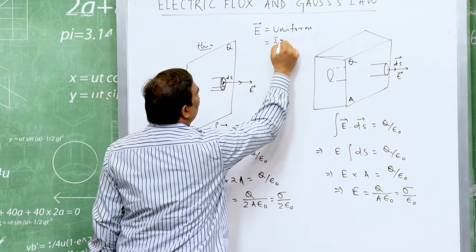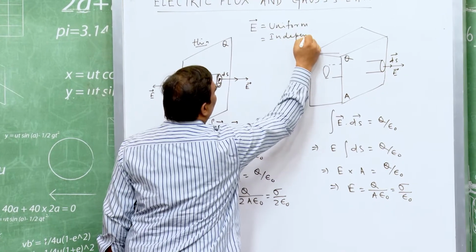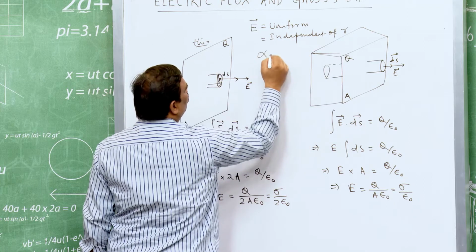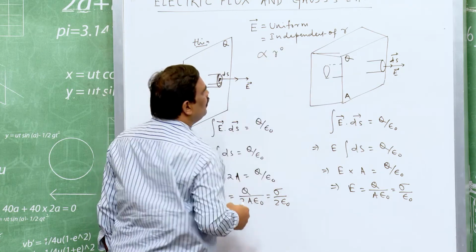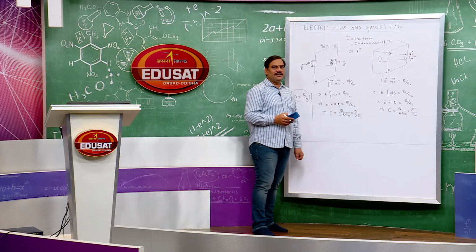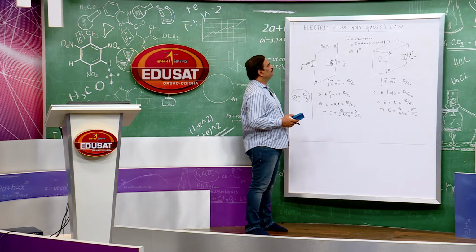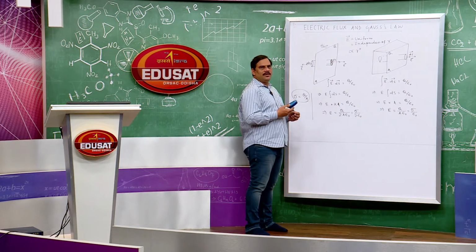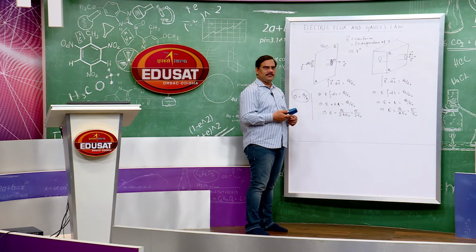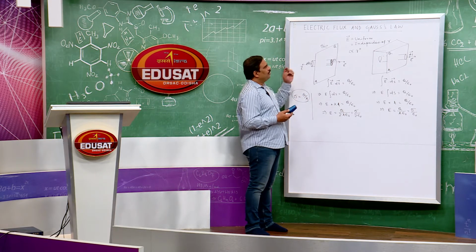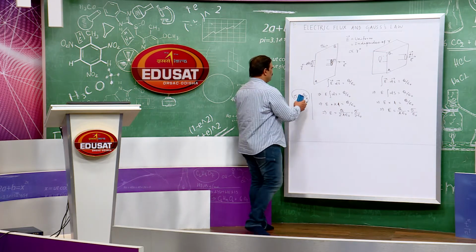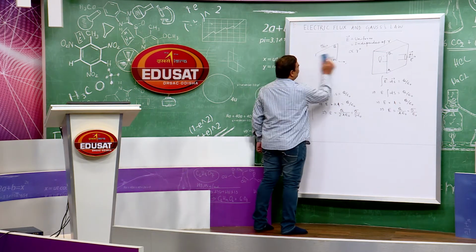It is independent of r, so it is proportional to r to the power 0. It gives us a constant electric field, and hence a uniform electric field throughout due to a plane sheet of charge.